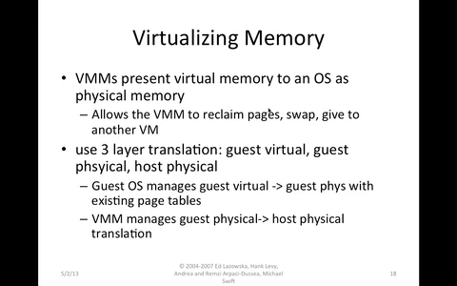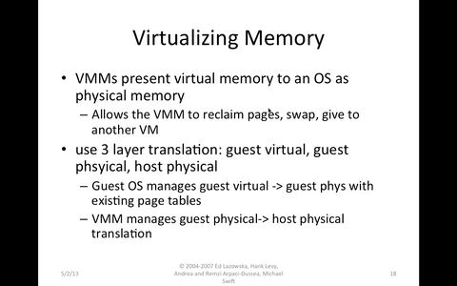And then the virtual machine monitor will map the addresses that the virtual machine thinks are physical into the real physical memory. So this is kind of mind-bending and very complicated to keep straight, because we now have virtual addresses, we have physical addresses that are really virtual addresses, and then we have real physical addresses.